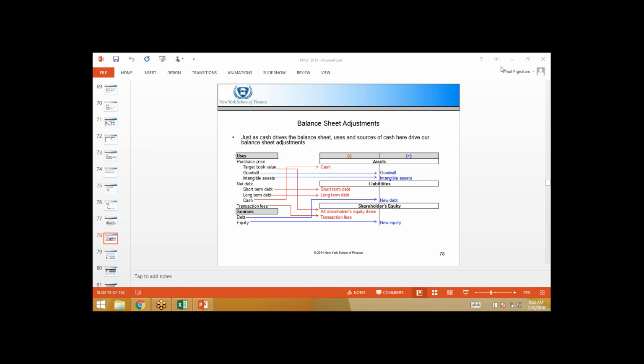We won't see consolidated financials until 2016, the full projected year. But you will see a December 31st, 2015 balance sheet, because a balance sheet is at a specific point in time. That's what we're creating here. We're taking the 2015 acquirer balance sheet and the 2015 target balance sheet, adding them together and merging them.